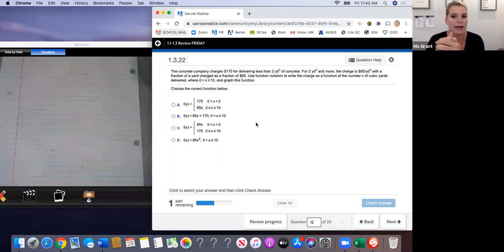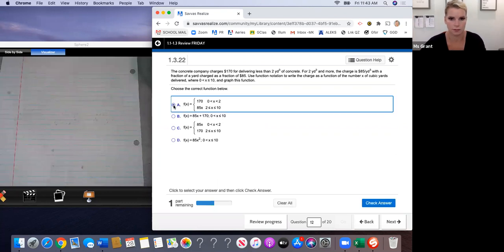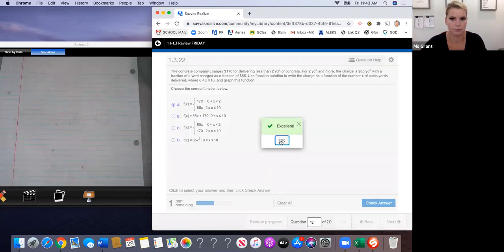You have to pay $170, and then when you go over, it's $85 x. So between 0 and 2, it's $170. 85x between 2 and 10. I think it's A. Excellent.